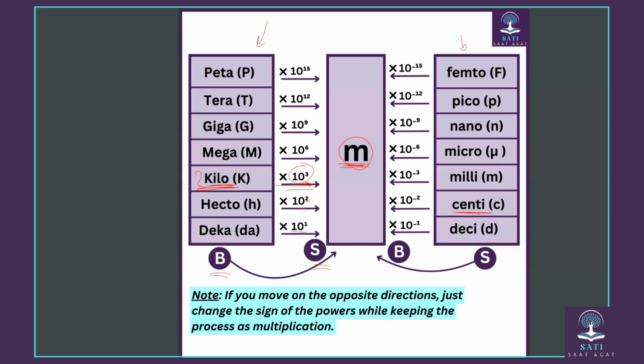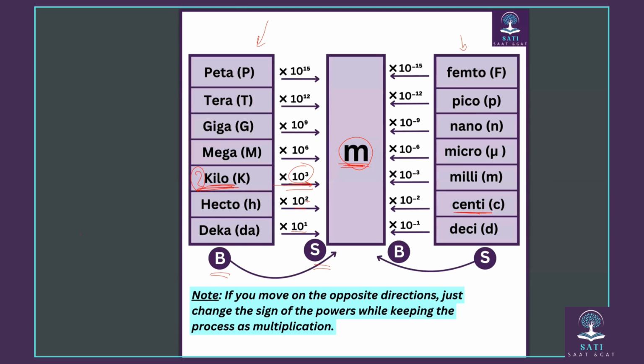This number is only 2 kilometers. So the number alone without the unit is 2. But if you want to move from kilometer to meter, this number 2 has to be increased. So you multiply it by a positive number, which is 10 power 3, a positive and big number, in order to get a big number, which is 2,000 meters.